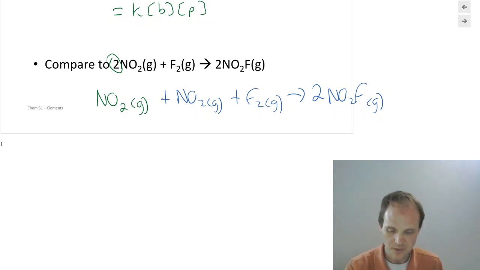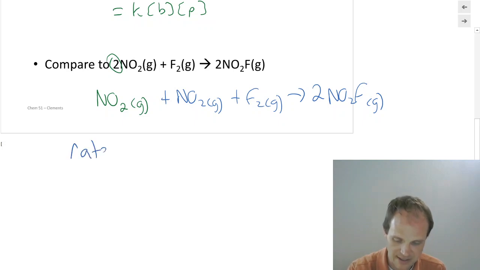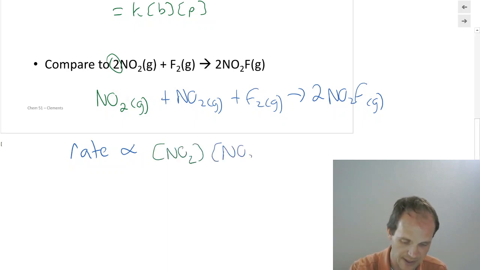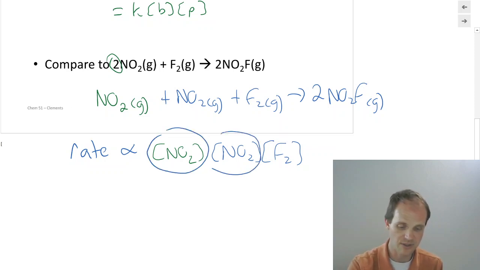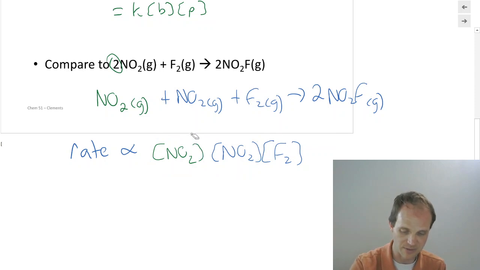So here I might say that my rate is going to be proportional to green NO2 concentration, blue NO2 concentration, and F2 concentration. Now, since it's all in the same beaker, these concentrations, the blue and the green, are going to be equal, right? There really is actually no distinction between the blue and the green ones.